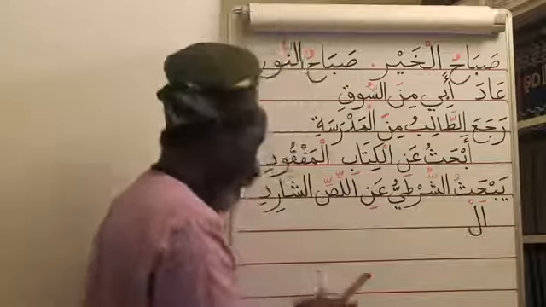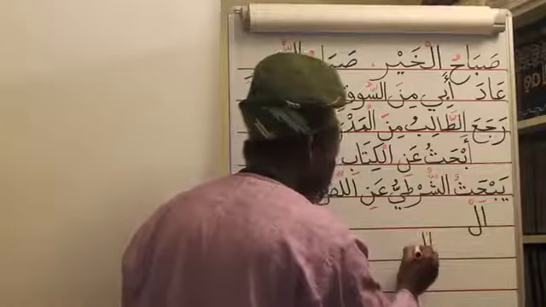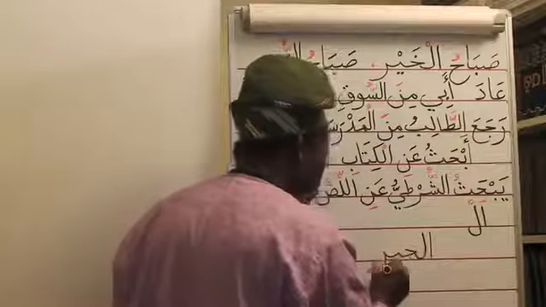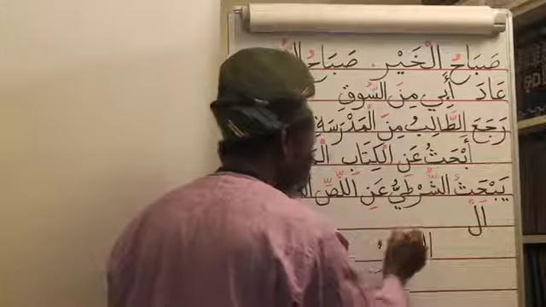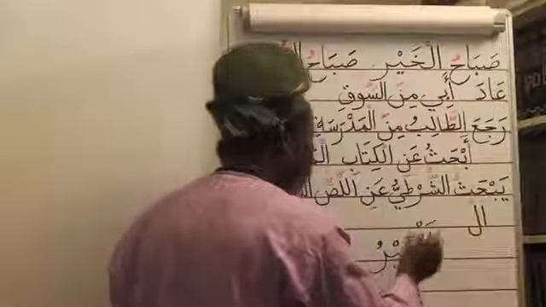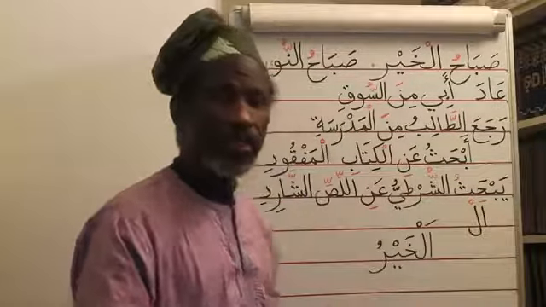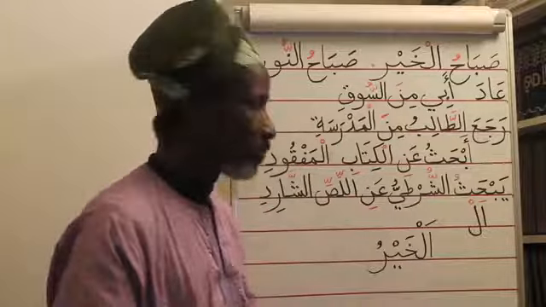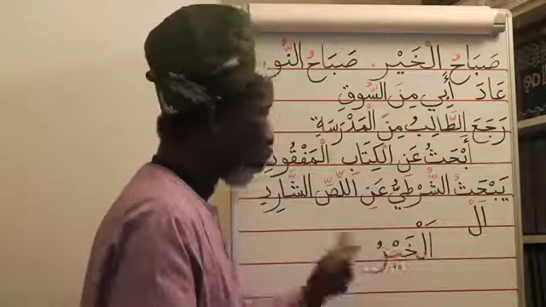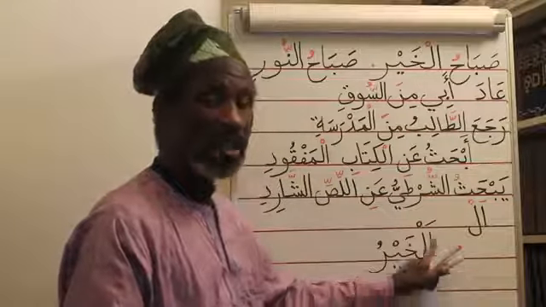If I say al-khairu, the goodness, or al-babu, the door. Al-khairu. You can see now I'm pronouncing this alif.